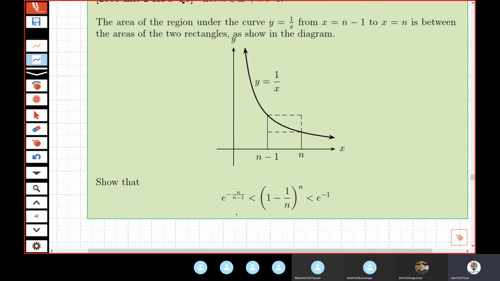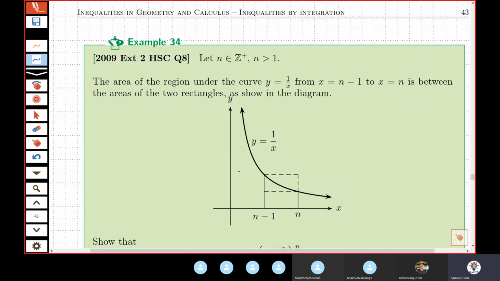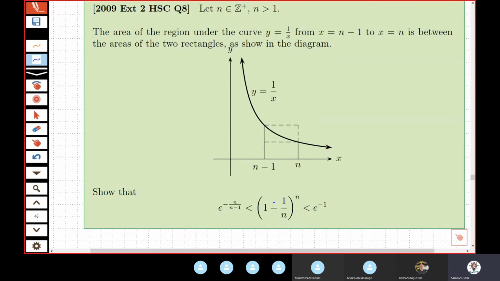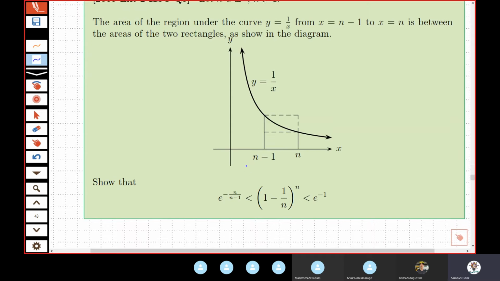Now, to get to this is going to require us to do some rather unique stuff. This was worth 3 or 4 marks, and it was question 8, which is the last question of the HSC. So we will do some unique things, which you will get used to in due course. But I just want to make sure we get the logic clear.